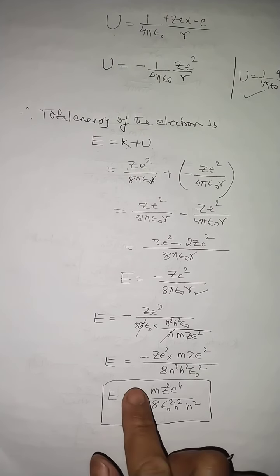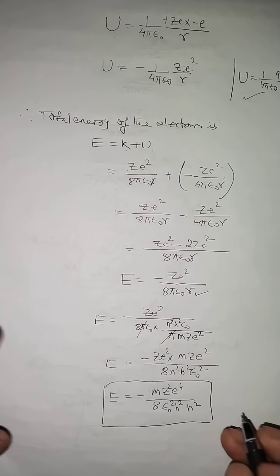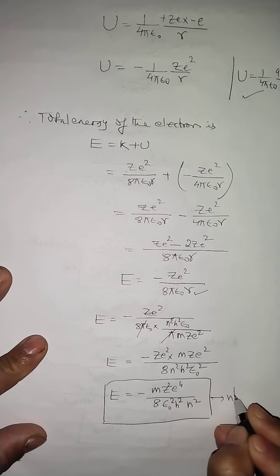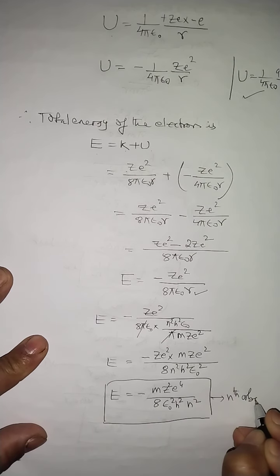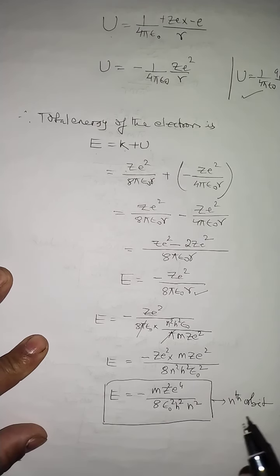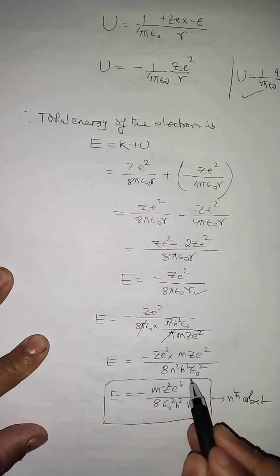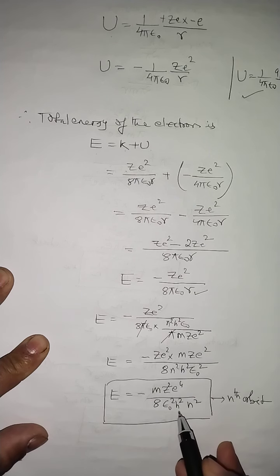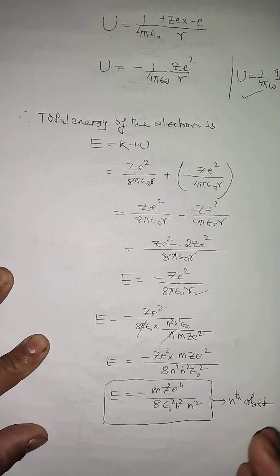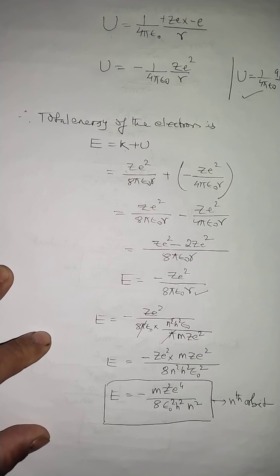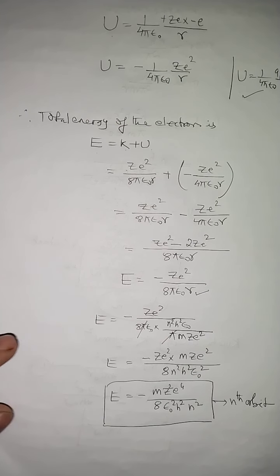So this is the expression of total energy of the electron in the nth orbit, any of the orbits. The total energy of the electron in any orbit is given by the formula minus m Z square e to the 4 by 8 epsilon naught square h square n square. So we do this much today. We will continue with the other part of this topic, Bohr's theory of hydrogen and hydrogen-like atoms, in the next class. Thank you.